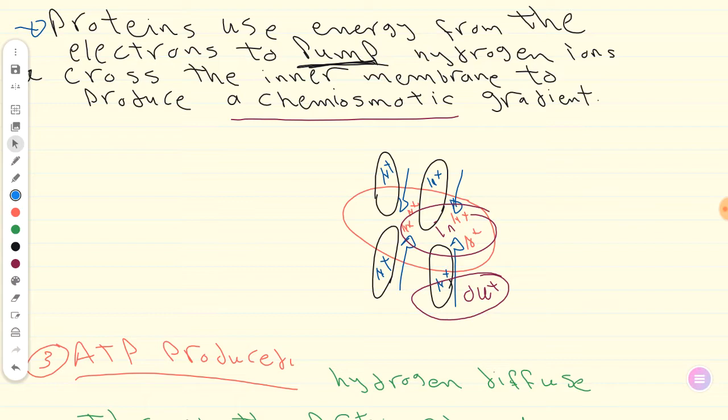So this is the meaning of chemiosmotic gradient.